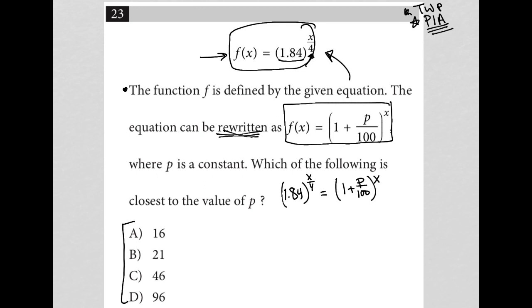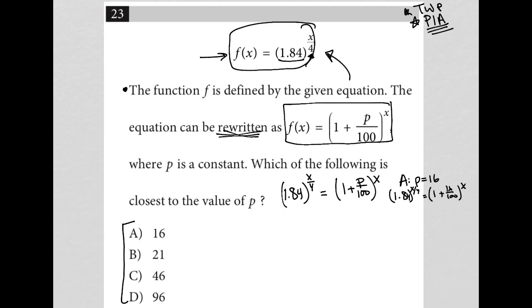So with choice A, when p is equal to 16, that means we'd have 1.84 to the x over 4th power equals (1 plus 16 over 100) to the x power.